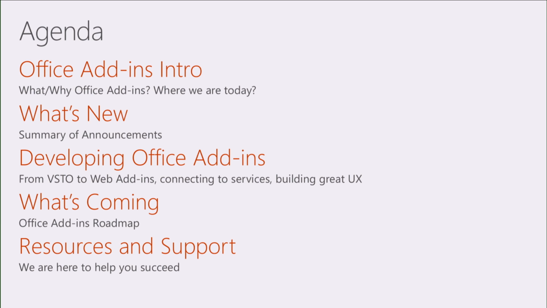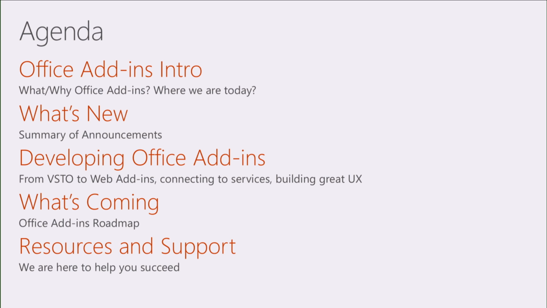We're going to then drill down a little bit into developing Office add-ins. We're going to take a look at how to develop an add-in either from scratch if you're starting with a new project, or how to reimagine an existing project or solution that you want to modernize and bring to the new world of cloud and devices of Office 365. For those that are familiar with VSTO, we hope to make this session relevant for you as well.